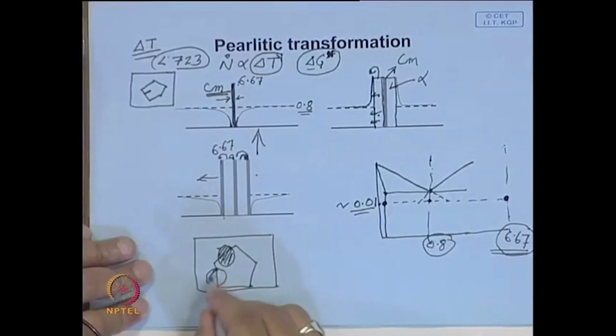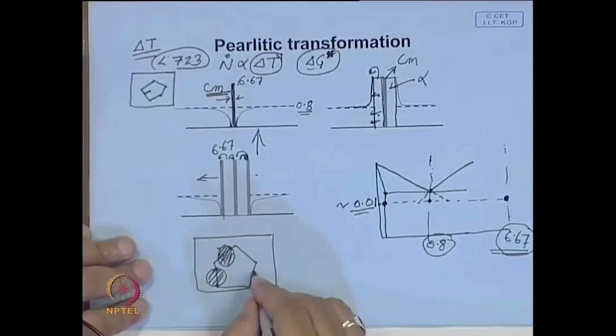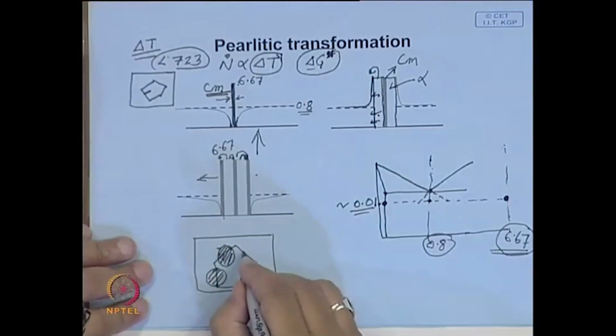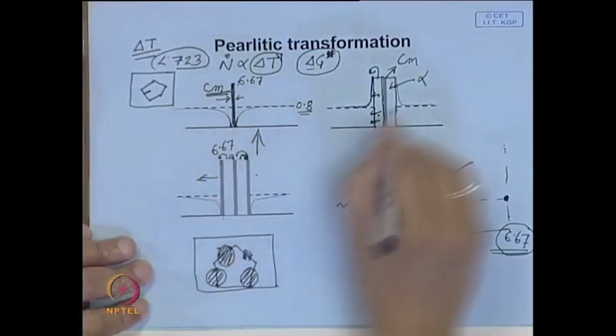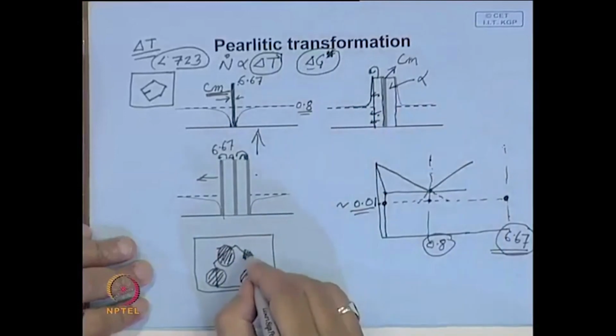So, that means apparently they may look like this kind of a circular thing, and here you will have different types of that arrangement. Sometimes from the side also a plate can nucleate.